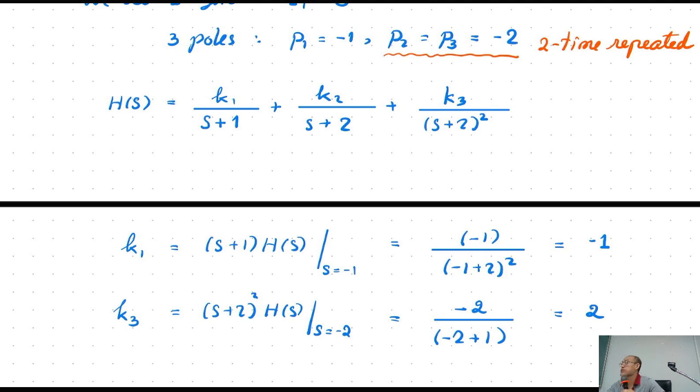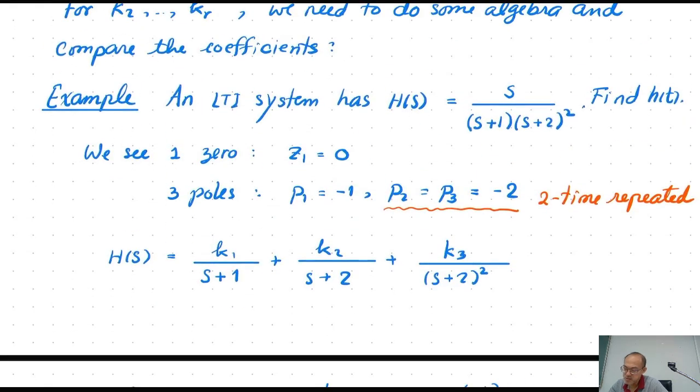Now, k2 is more involved. You cannot multiply H(s) by s plus 2 to find k2. It would not work that way, because if you multiply by s plus 2, you still have the denominator left, which is s plus 2, and when you plug in s equal to -2, it will collapse. You will go nowhere. So you cannot do that.